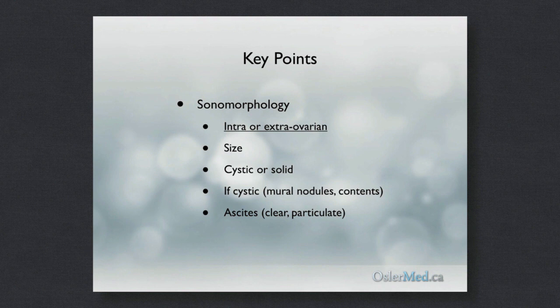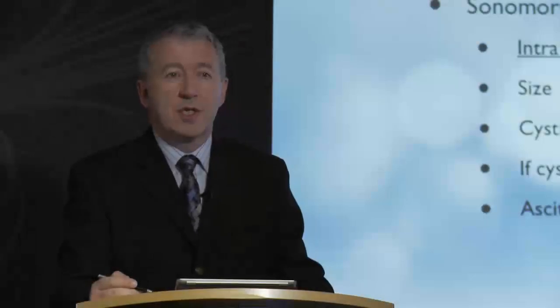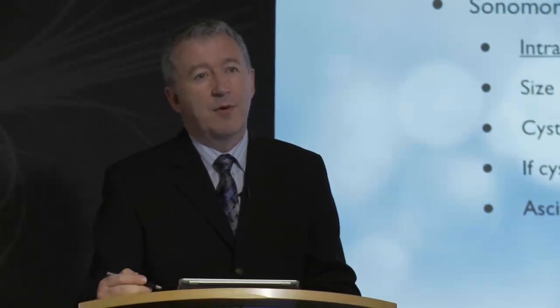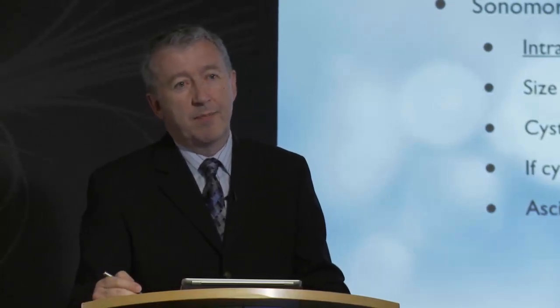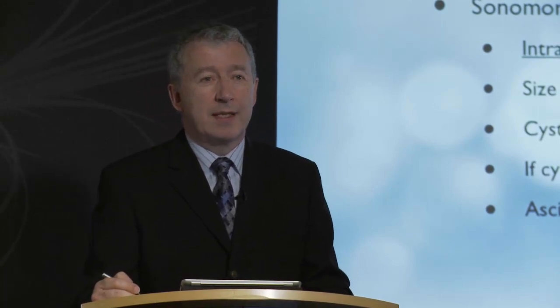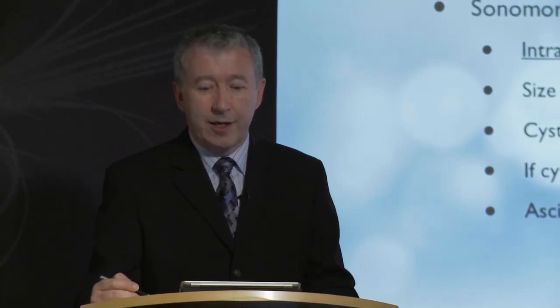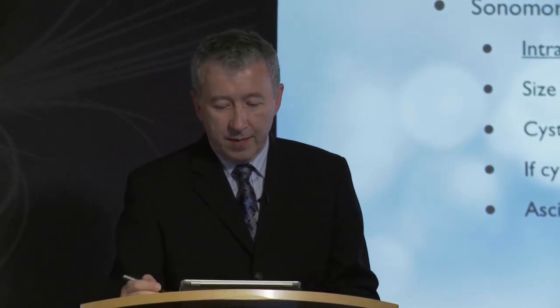And if cystic, what's the morphology of that cyst? Looking particularly for mural nodularity and particularly vascular mural nodules. It's also important to look for ascites, and if there is free fluid in the abdomen and pelvis, to characterize that ascites as clear or particulate.